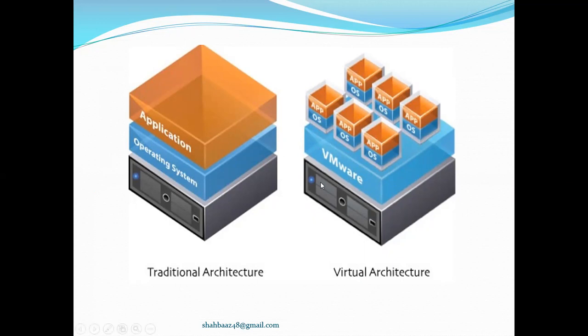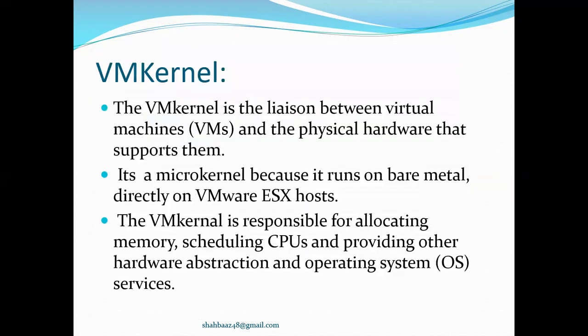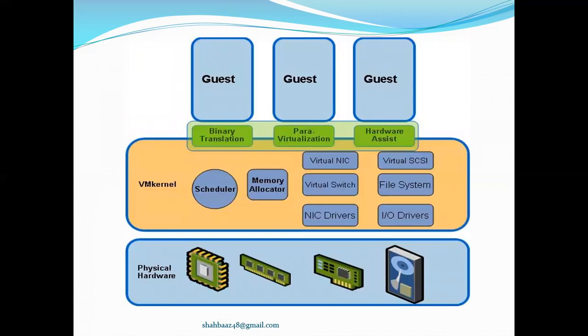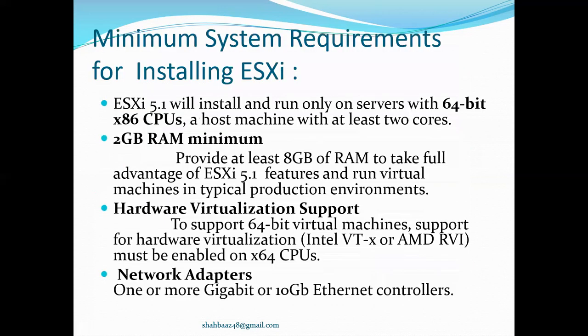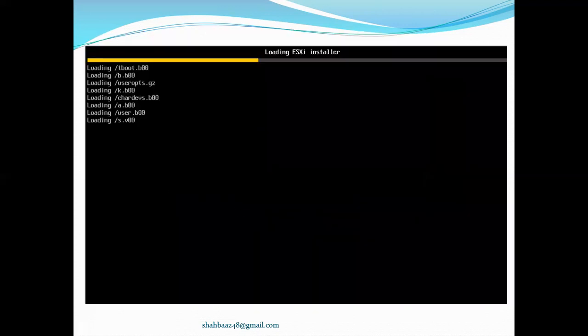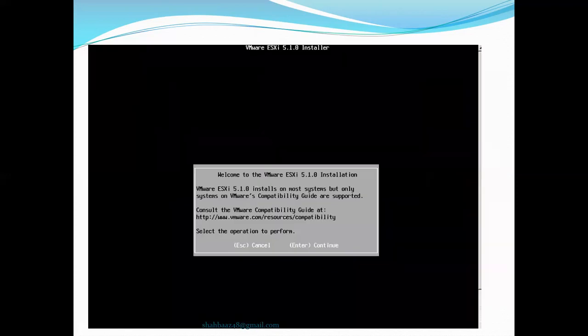On top of the hardware, we install the hypervisor, and on that hypervisor we can install multiple virtual machines. The kernel we will see in a coming session. So this is about your resources. We also discussed the configuration and how we can install the ESXi.